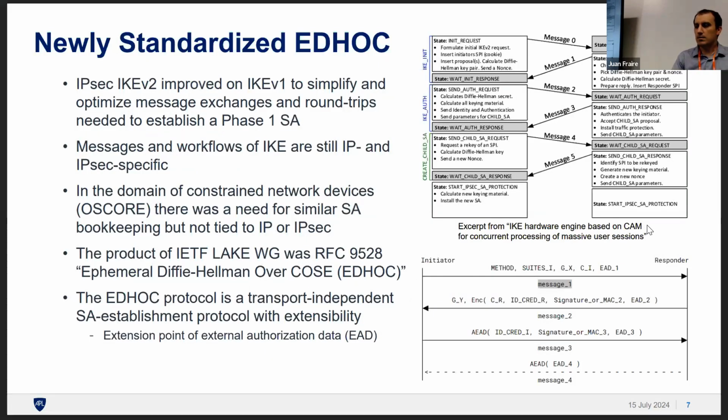One other newly standardized terrestrial network protocol is called ephemeral Diffie-Hellman over COSE, or EDHOC. What this is doing is decoupling the security aspects of the key exchange mechanism, authenticated key exchange, from transport. What I put in the slide are two pictures.